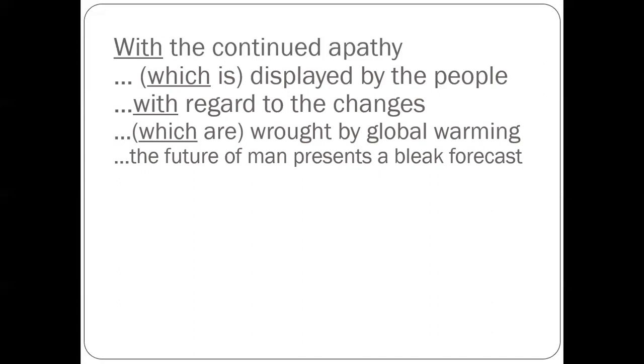The future of man. And then the verb, of course, is presents. And then your object is therefore a bleak forecast. But if you notice, the main clause is towards the end of the sentence, and all the subordinate clauses are in front. That's what we call focalization or topicalization in linguistics, right?